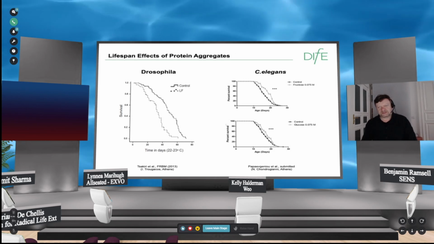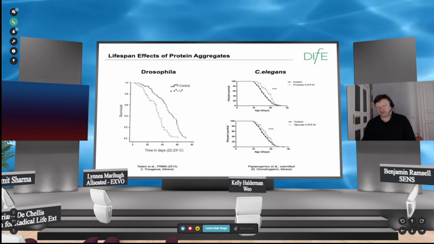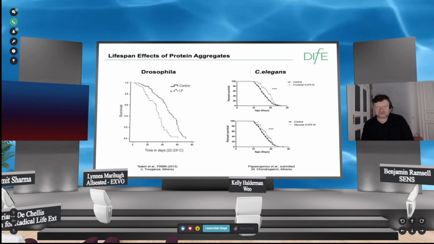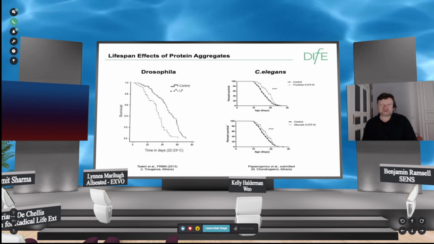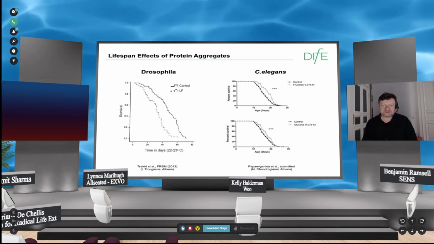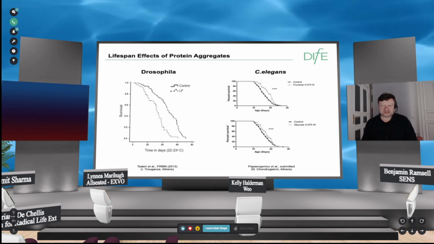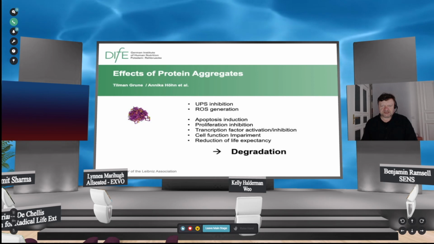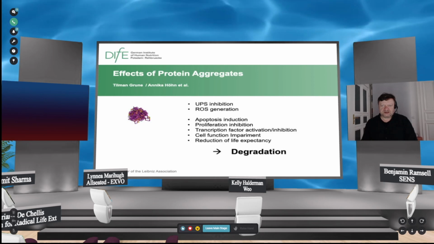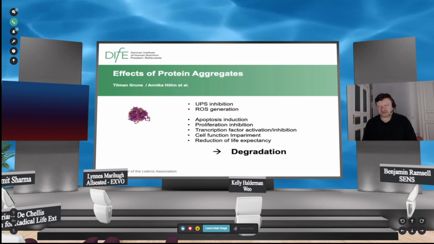We could show that lipofuscin really goes into the animal, accumulating in lysosomes there and influencing the metabolism of various cells. So that's basically the functions of these protein aggregates.